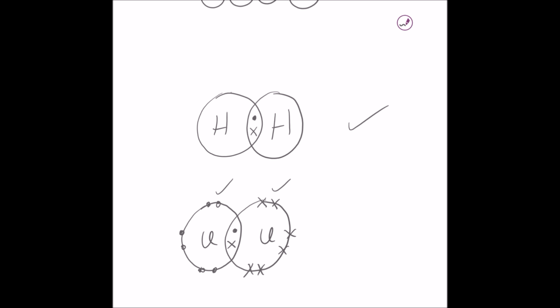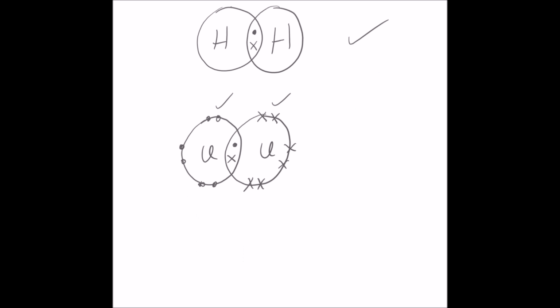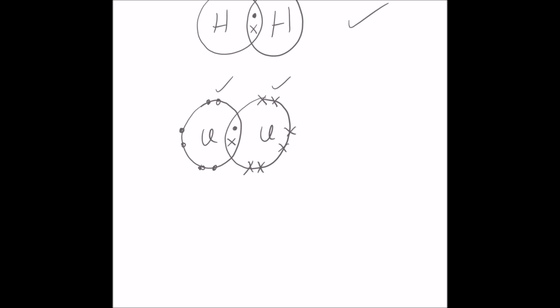Let's look at something more difficult like oxygen. Oxygen is a group 6 element, and remember, we only have to draw the outermost shells in all of these diagrams. So in this case, the oxygen has 6 electrons in the outermost shell, so we draw those in: 1, 2, 3, 4, 5, 6, and it's sharing 2.